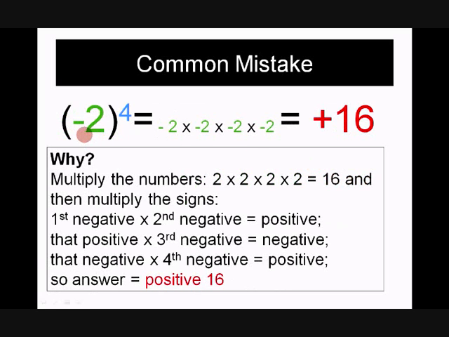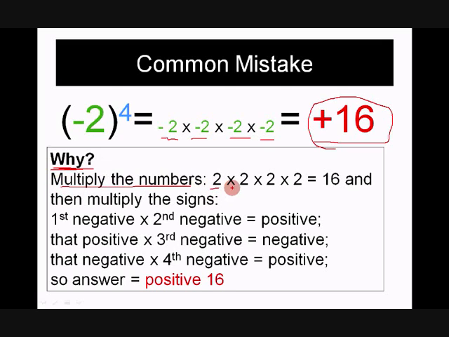Right? So instead of that, if we accidentally assumed a parenthesis like this, what would happen? We would have written minus 2 to the power 4, that is equal to minus 2 multiplied 4 times. That becomes a positive 16. You want to know why?